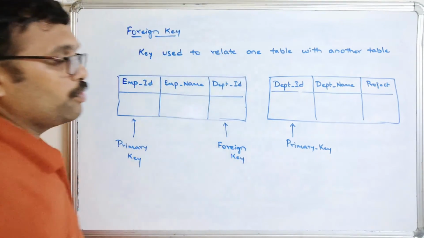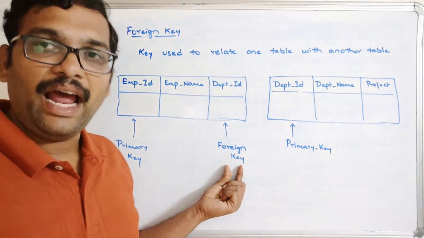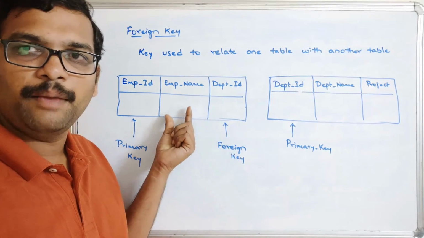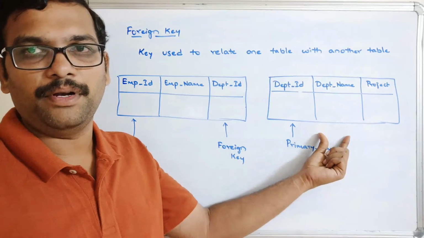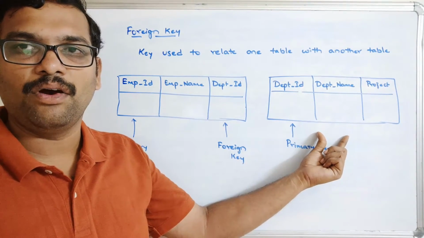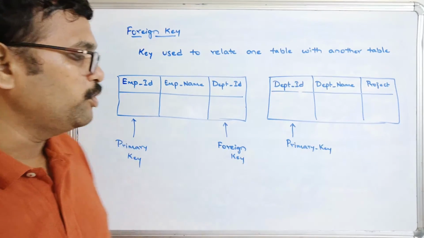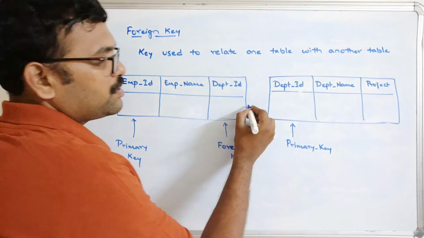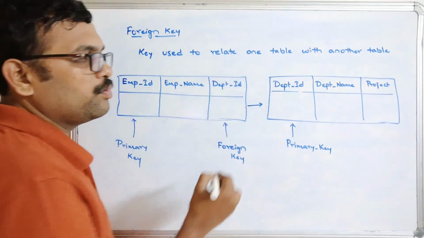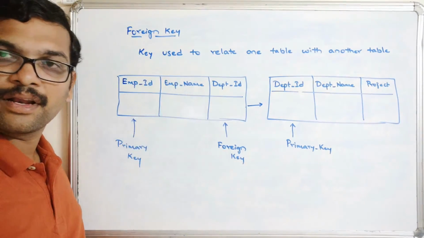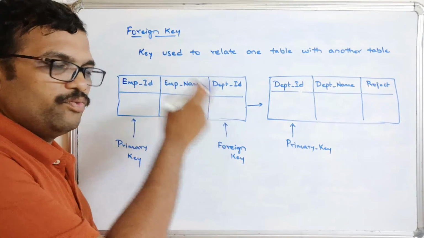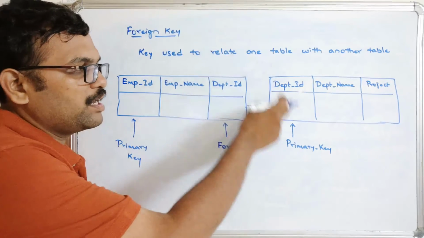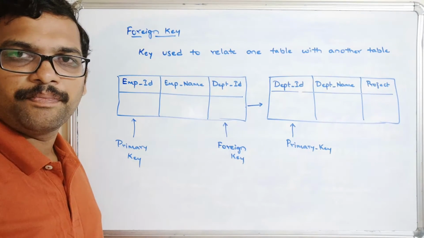A foreign key is an attribute of one table which is a primary key of another table. By using this foreign key, one table will be related to another table. In one table it is a foreign key, in another table it is a primary key.